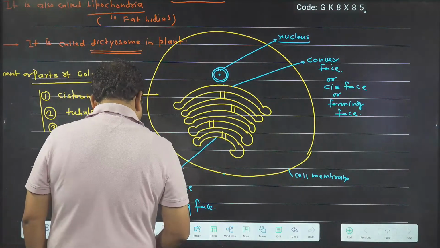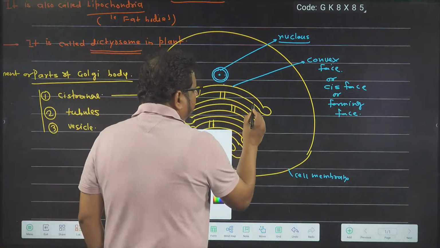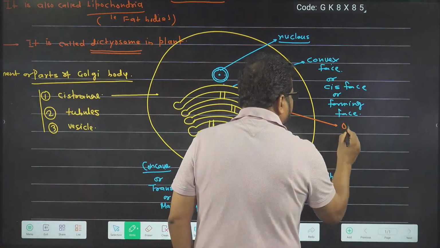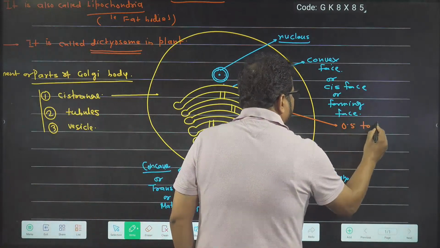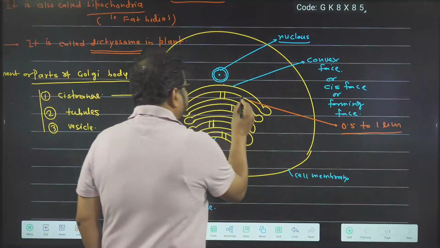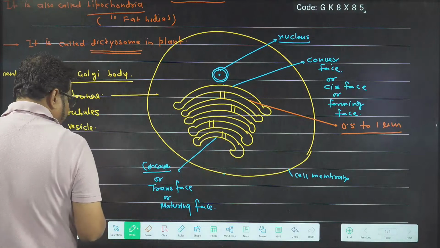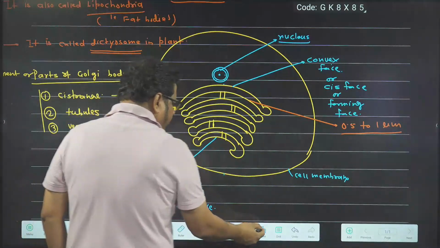If we talk about the diameter of the cisternae, how much is it? 0.5 to 1 micrometer. This is the diameter. Got the idea? And the number of cisternae is variable from Golgi body to Golgi body.